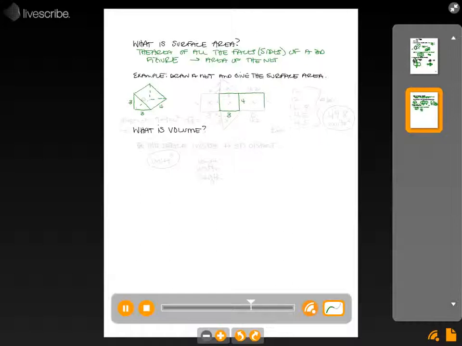Now we need to draw the right hand, the side that faces the top right. And then we need to draw the left hand side. And it's 3 also, so these are 4. We don't know what this is. Okay, that's this side right here. We can figure that out, though, by using the Pythagorean theorem.